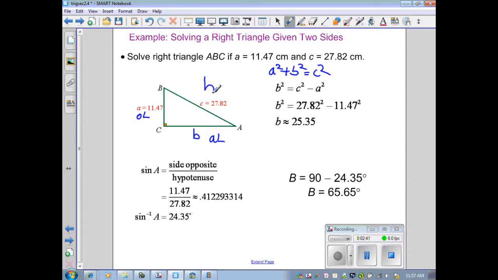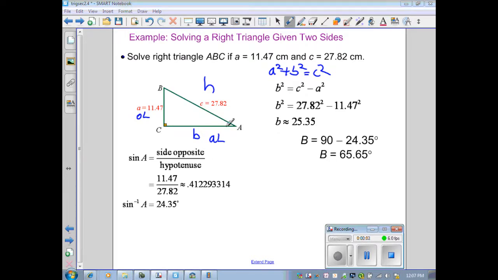And since they're solving for angle A, we know we need a function that is going to get us a value to get us a degree for angle A. They selected by knowing two values, which are A and C, I can have an unknown of angle A. So for angle A, using my opposite leg and my hypotenuse, I can use the trig function of sine, which is my side opposite or opposite leg and hypotenuse.